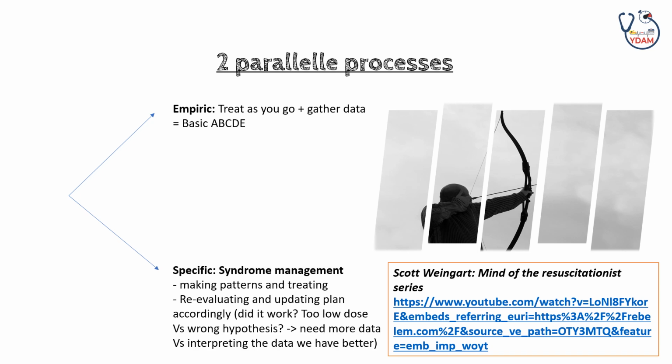But then as you gather data, you get more and more of a pattern, and then you will be making decisions that are more specific, like the bowman here, or the archer.